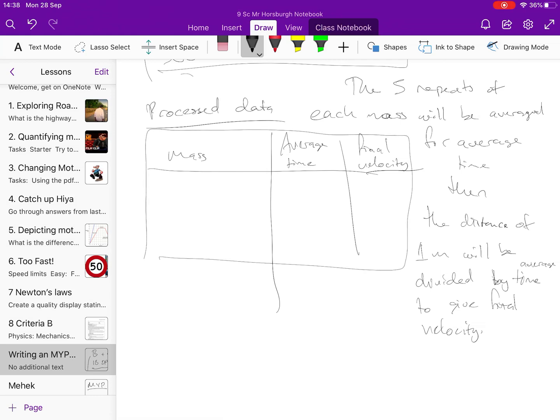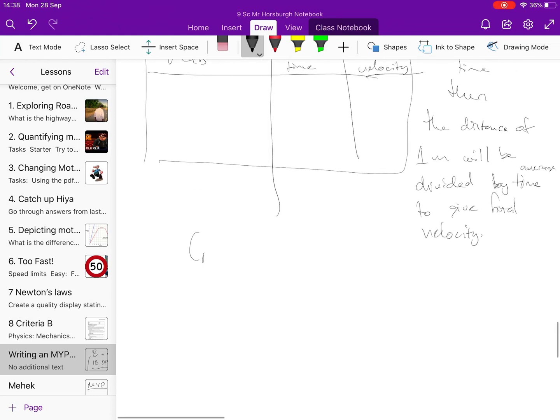Yeah? So there won't be any results in these things. And then what you're going to do with it, you're going to create a graph of mass against final velocity.